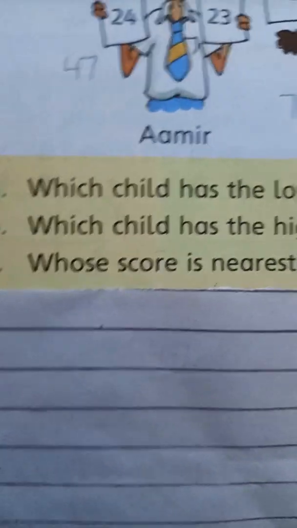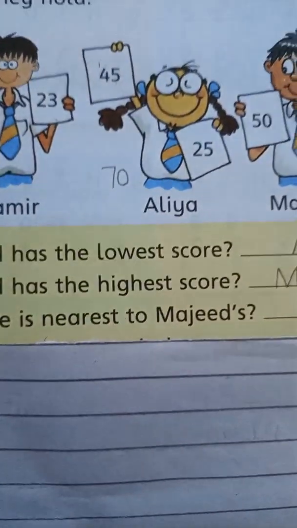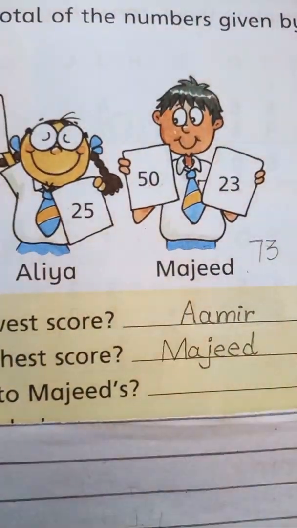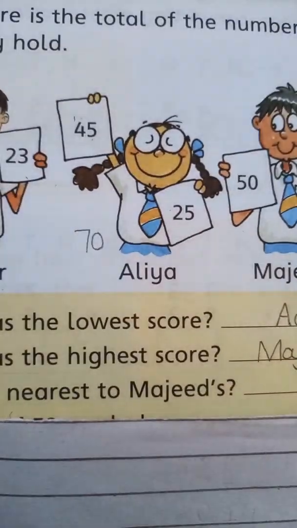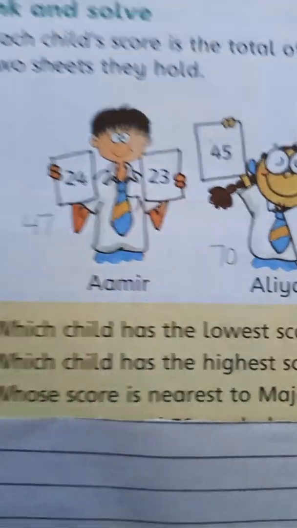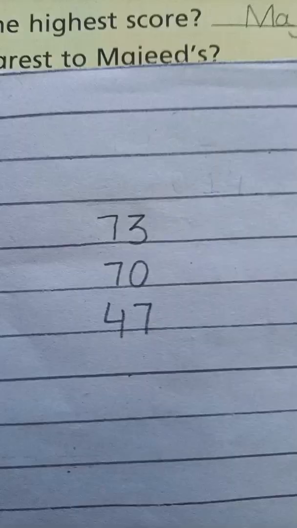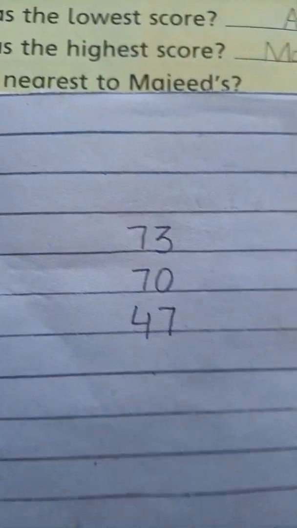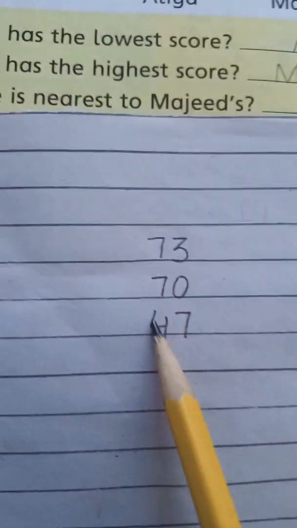Next is whose score is nearest to Majid. Let us compare the numbers of each child. Majid has 73 score, Alia has 70 scores, and Amir has 47 scores. For this, we will compare the three numbers here. We will start comparison from the tens side.